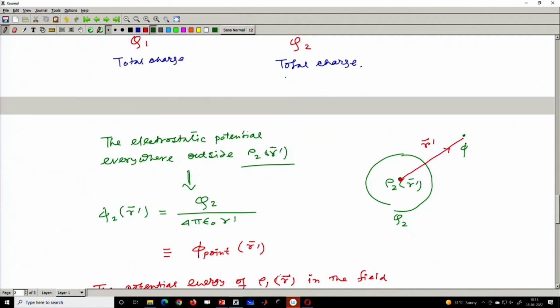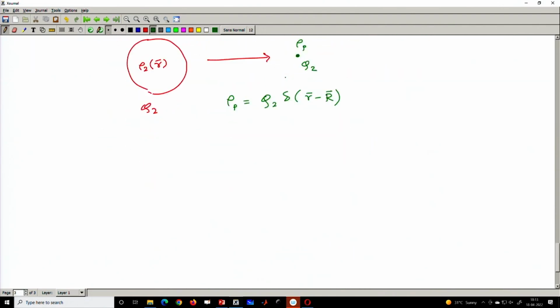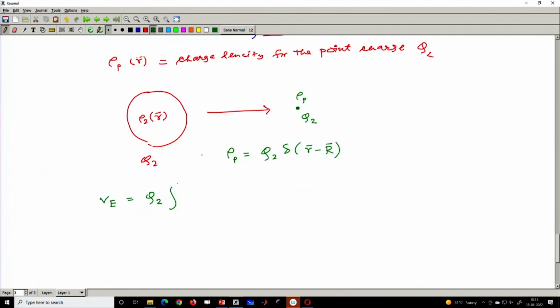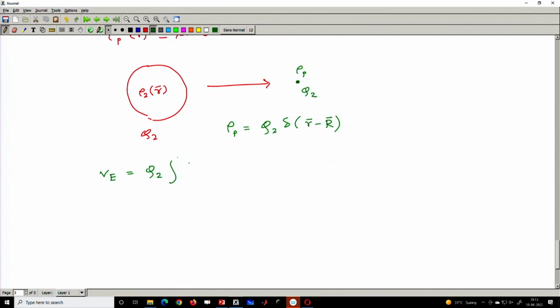So, when I shrink everything to the point, then my VE is simply q2 times the integration of, because here I replace rho p by q2 delta function, delta function r minus r, and then phi 1 at r, and then dV.